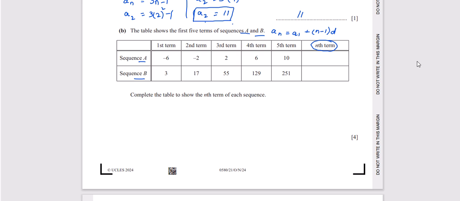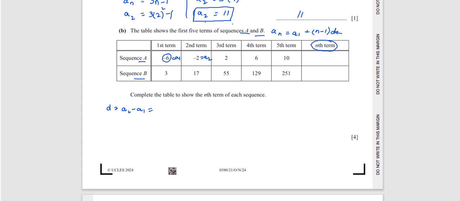The first term is a1 and this one is a2. Now we have to calculate the value of d. D is equal to a2 minus a1, that means the difference of the first two terms.